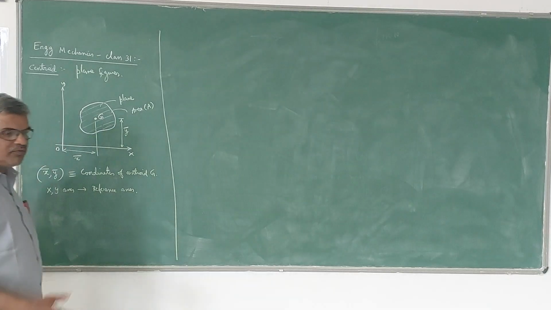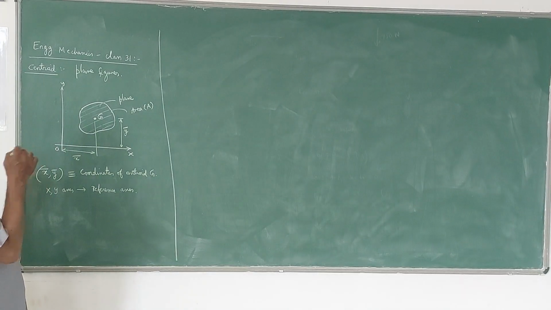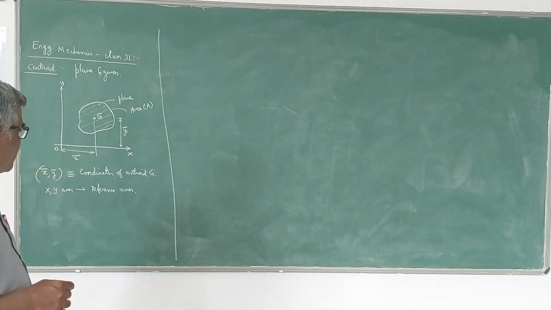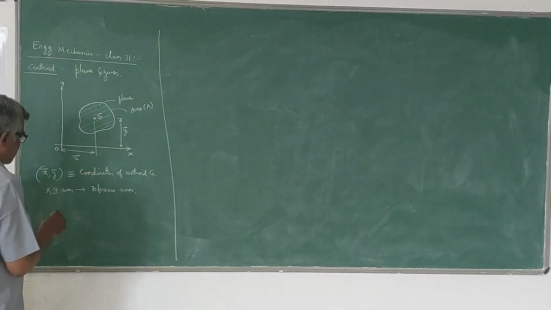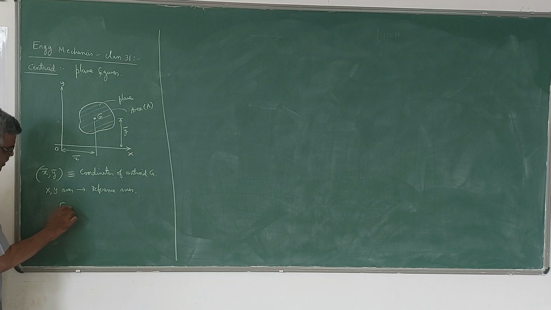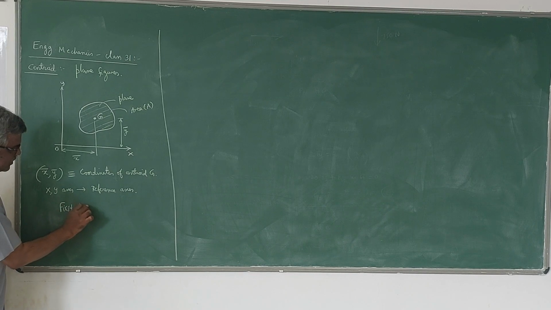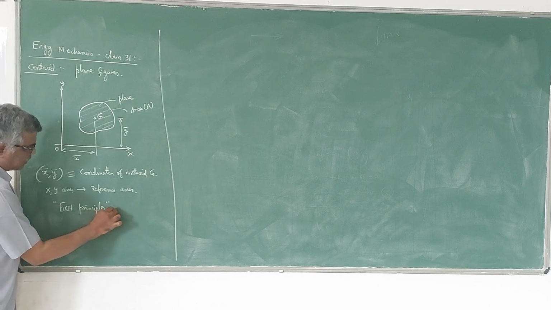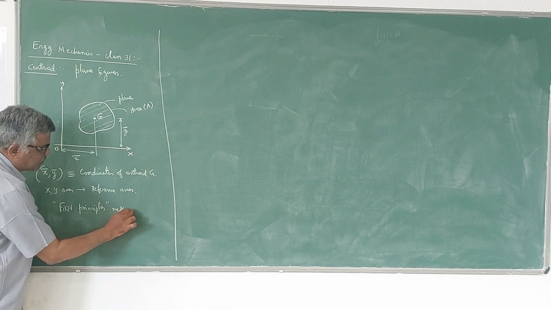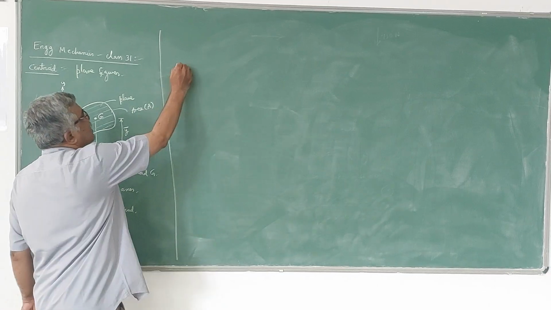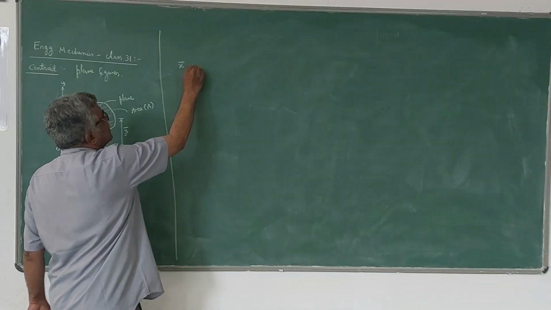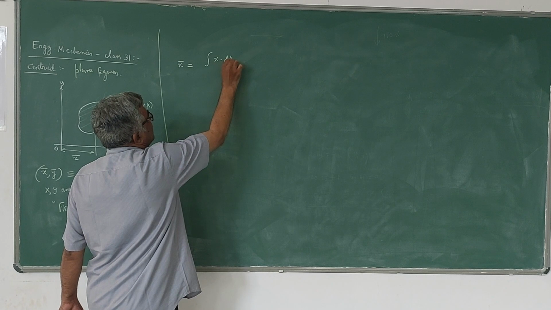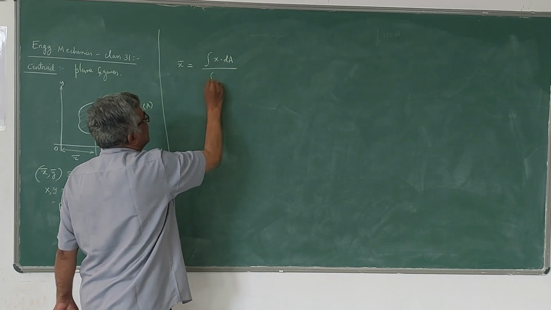The procedure of locating the centroid of a simple plane figure is called the first principles method. Location of centroid by first principles method. According to that method, the expressions for x bar and y bar are taken like this. x bar is integral x dA divided by integral dA.